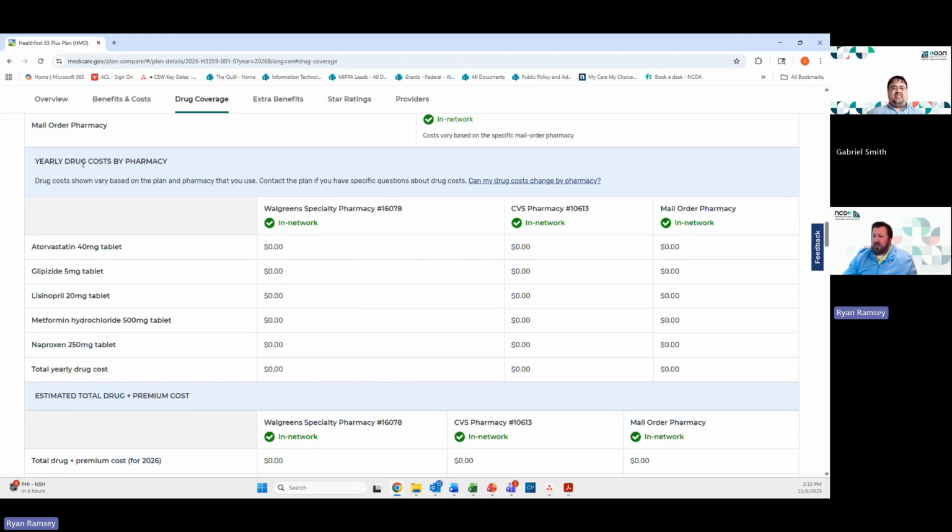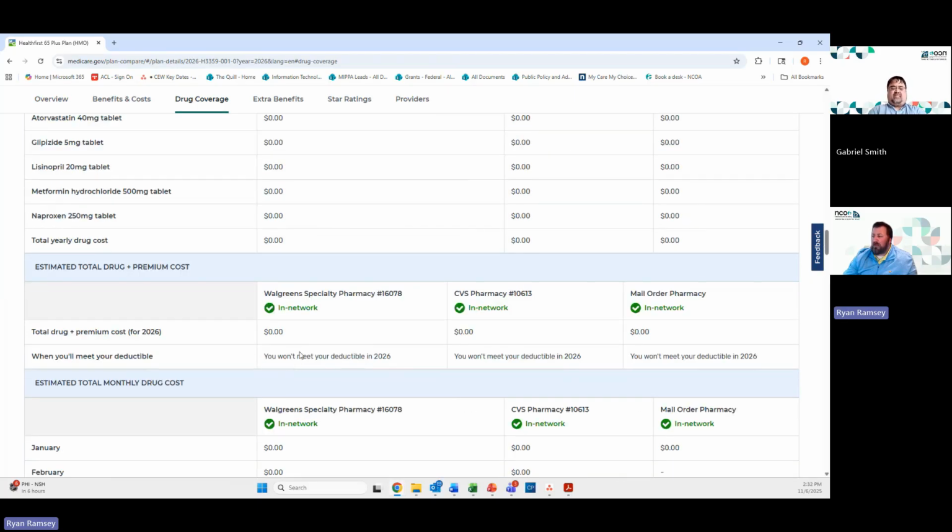As we scroll down, the yearly drug cost by pharmacy: because all of these drugs are covered completely, none of them have a yearly total. You can see the total yearly drug cost right here. And then it's got a breakdown of the total premium plus drug cost at each one of these locations: Walgreens, CVS, mail order. Good news for this person: if they're interested in mail order, it is going to be just as cost effective as going in person to the pharmacy.